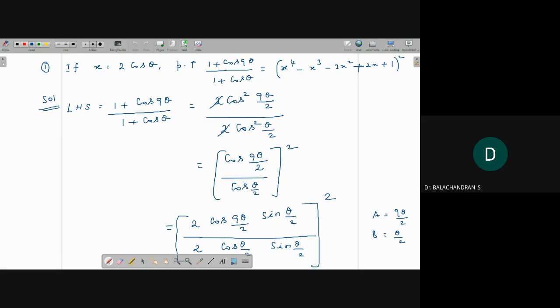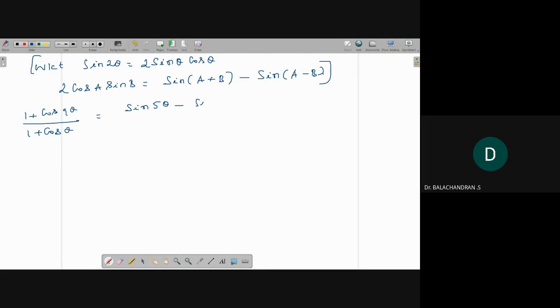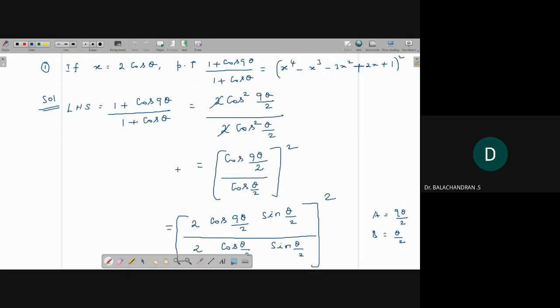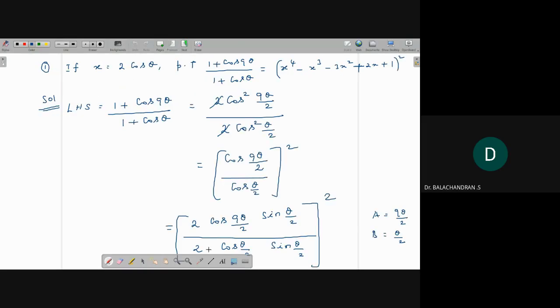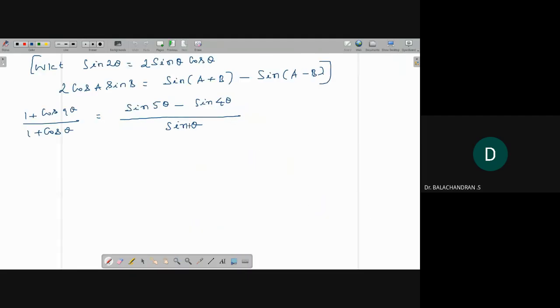So minus sine 4 theta, divided by 2 sine theta by 2 cos theta by 2. 2 sine theta by 2 cos theta by 2 is sine theta. The denominator is sine theta.